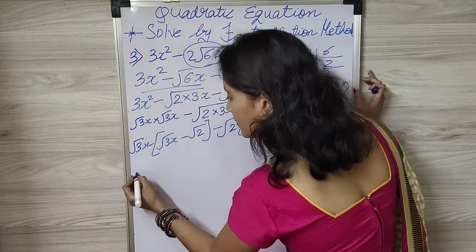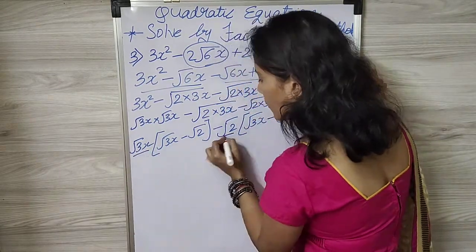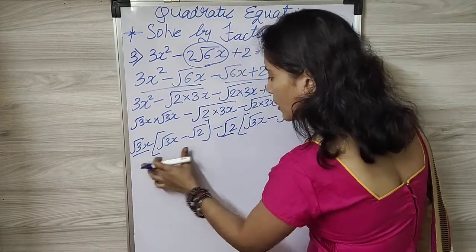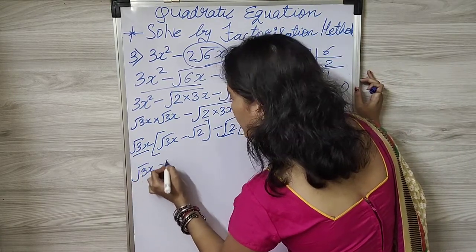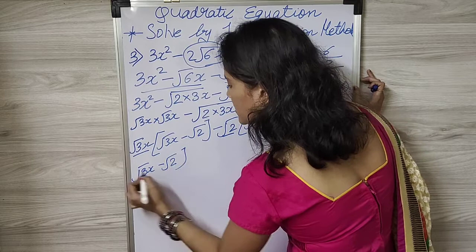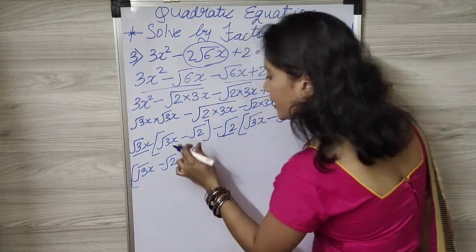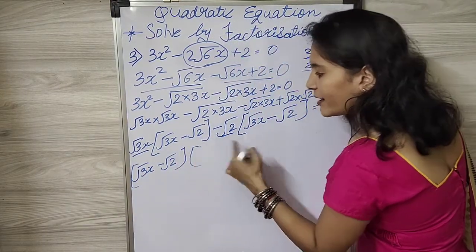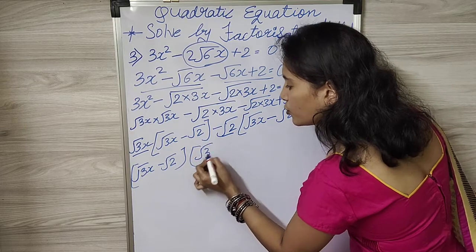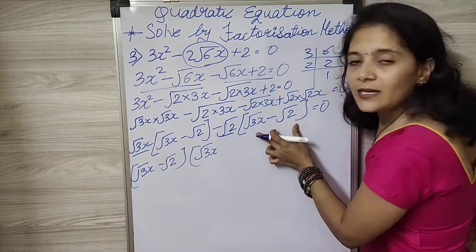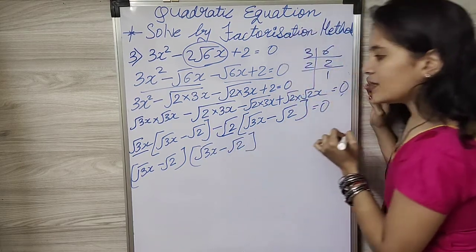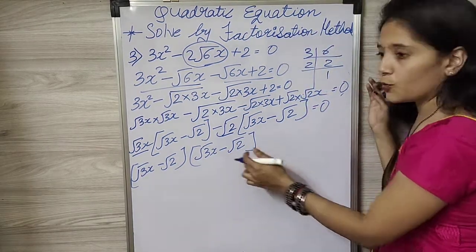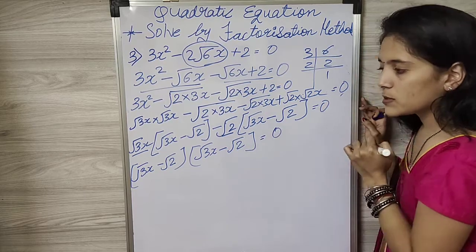Now what is the term? See, the leftover term outside the bracket, right? So I am going to take them both together. Under root 3x minus under root 2, this is the first bracket. Another bracket, the common bracket. In factorization, the common thing is that both brackets will be the same. The number will be the same, and there won't be any change in the sign either. This is equal to 0.